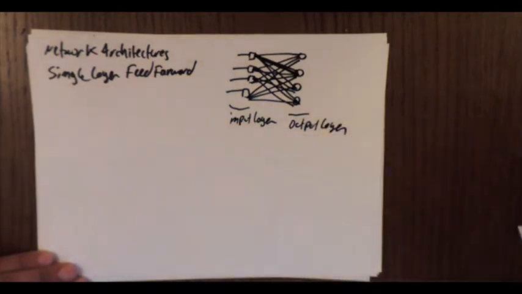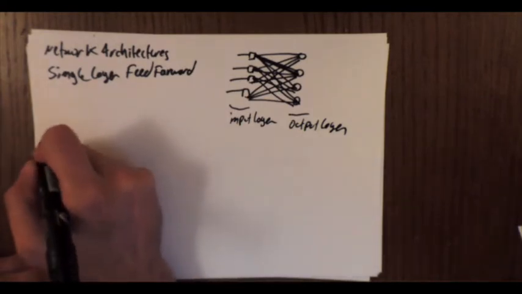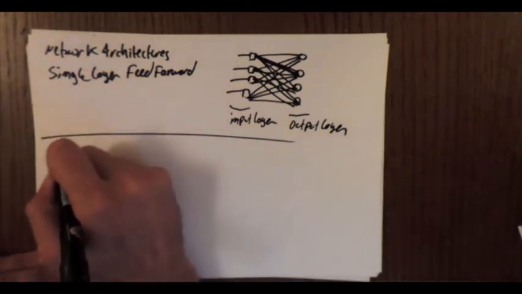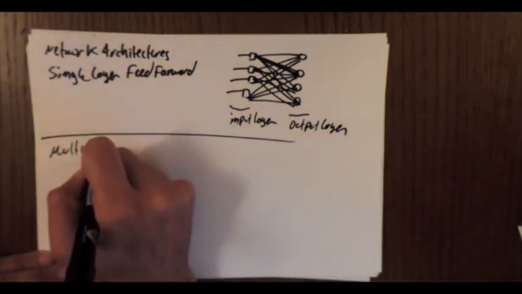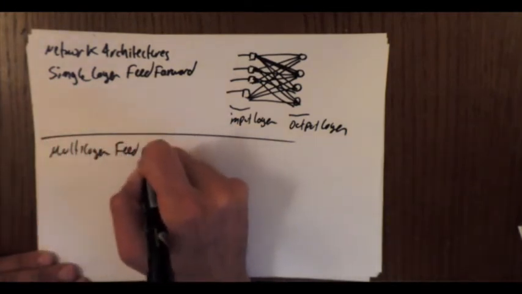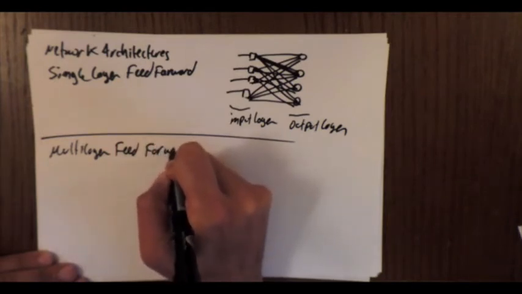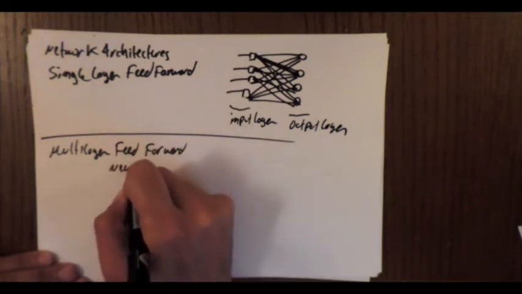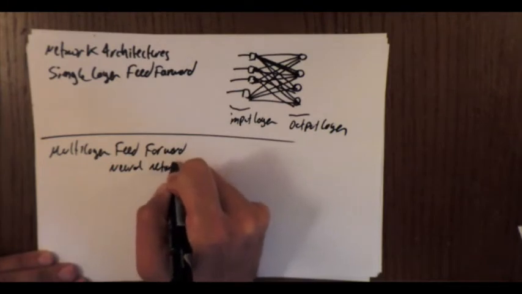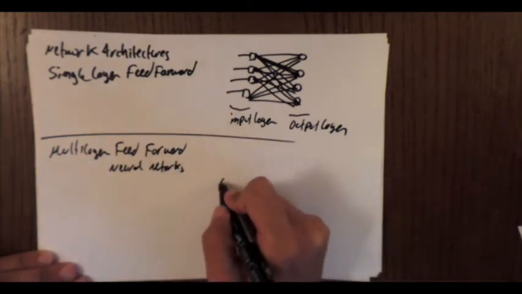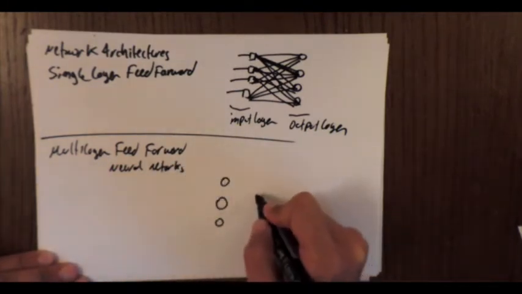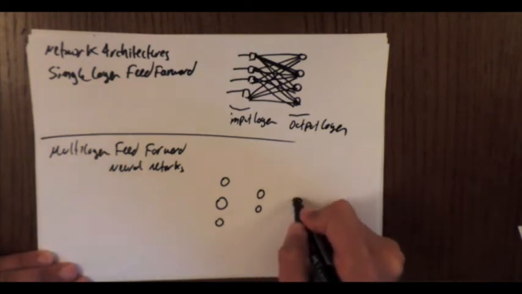We also have a multi-layer feed forward neural network. In this case, I have hidden layers and an output layer.